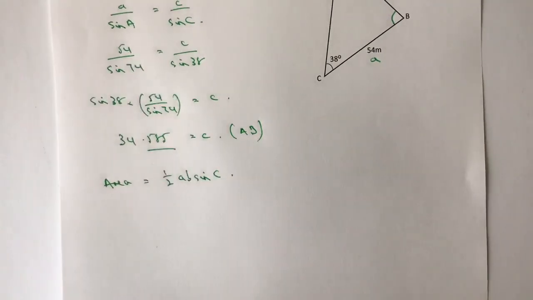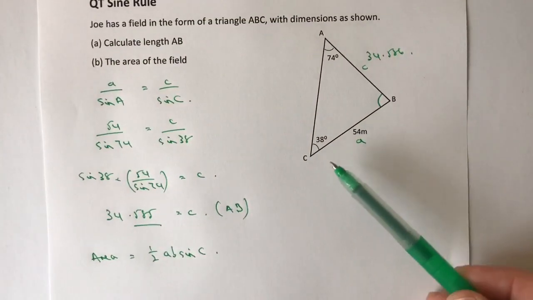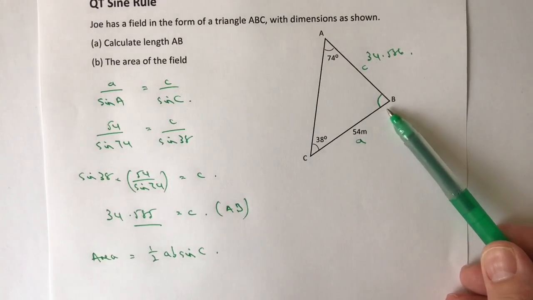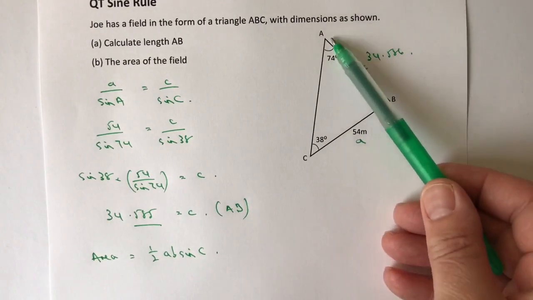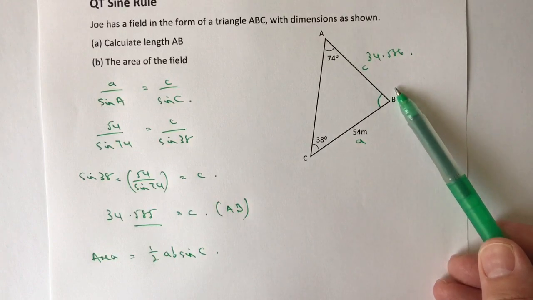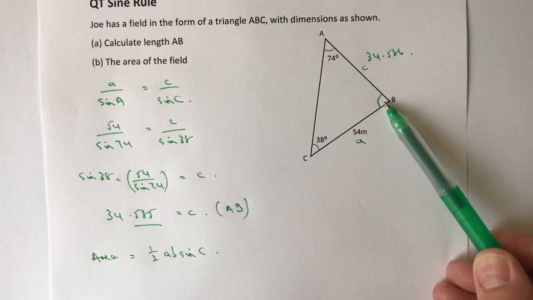In order for me to calculate that, I need to know this length, which is a, which I've got. I'm going to call this b, which I've also got. And then I need to know this angle.